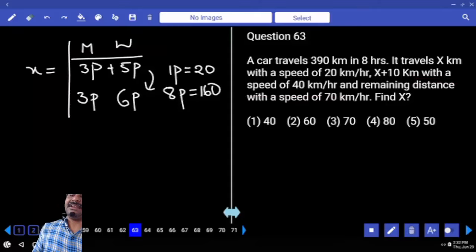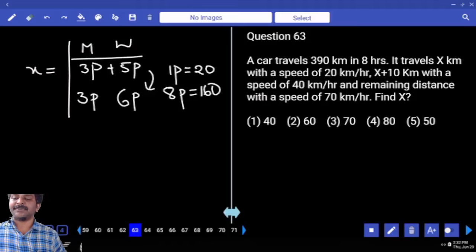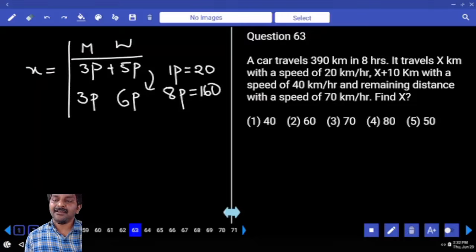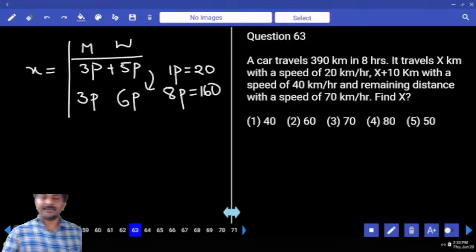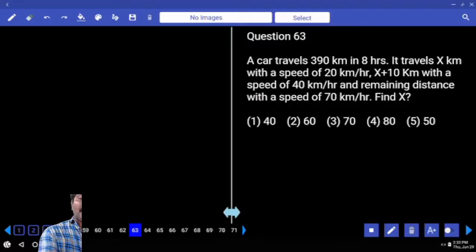A car travels 390 kilometers in 8 hours. It travels x kilometers at a speed of 20 km per hour, x plus 10 kilometers at a speed of 40 km per hour, and the remaining distance at a speed of 70 km per hour. Find the value of x. Now, x kilometers covered, then x plus 10 kilometers covered.